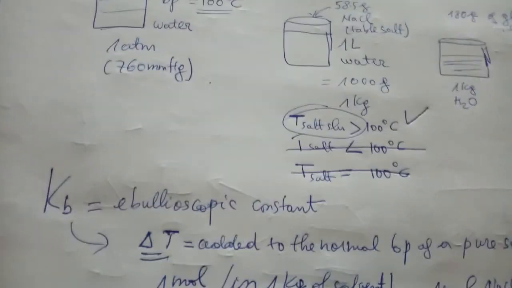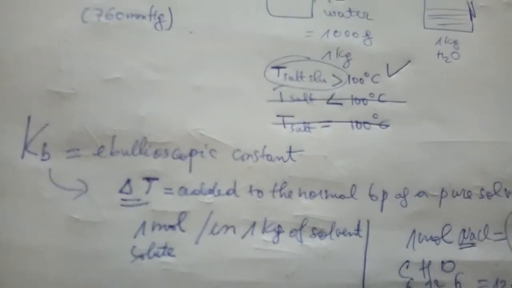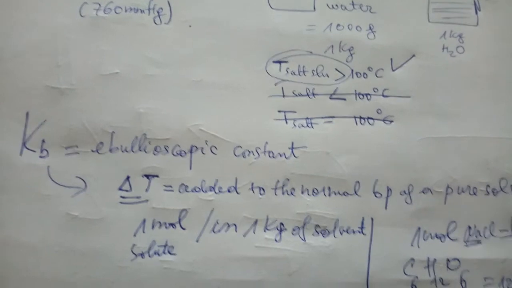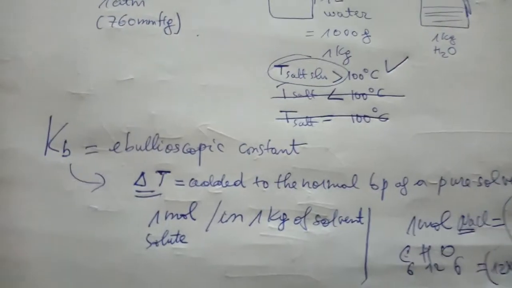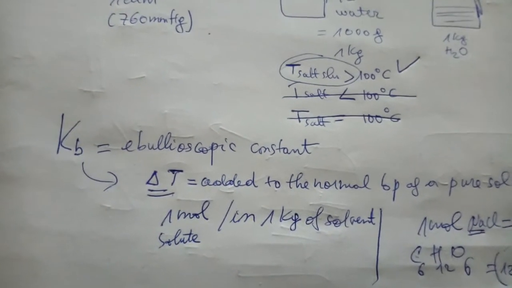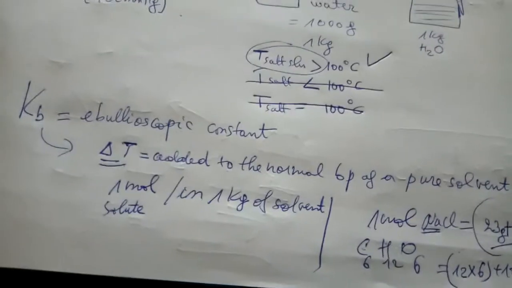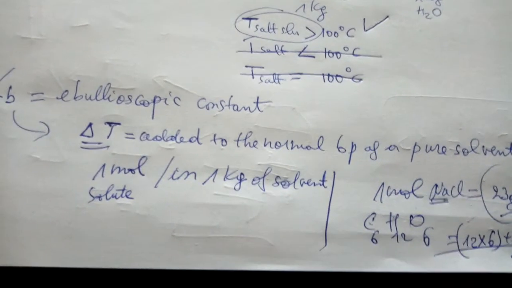And for glucose C6H12O6, it corresponds to 12 times 6 because carbon is 12, hydrogen is 1, oxygen is 16, plus 12 plus 6 times 16, and the molar mass of 1 mole will be equal to 180 g mol^-1.